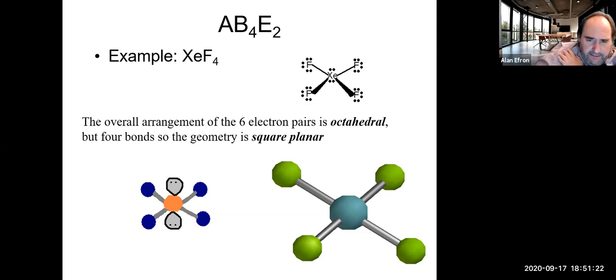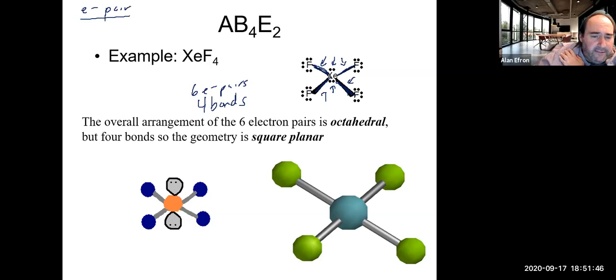So 1, 2, 3, 4, 5, and 6 electron pairs, and our 4 bonds, as we can see here. With 6 electron pairs, it's going to have the same electron pair geometry as our other one with 6 electron pairs, and that is octahedral.